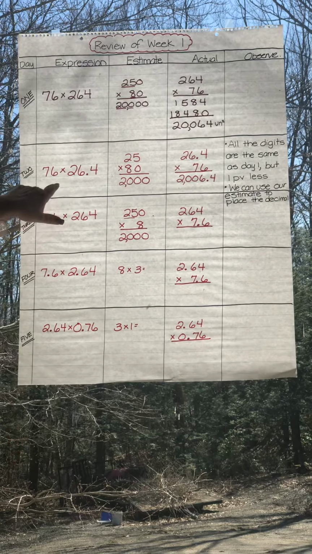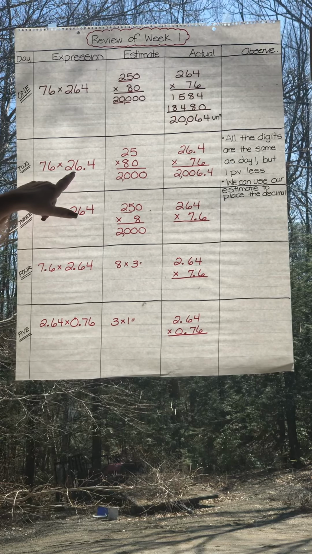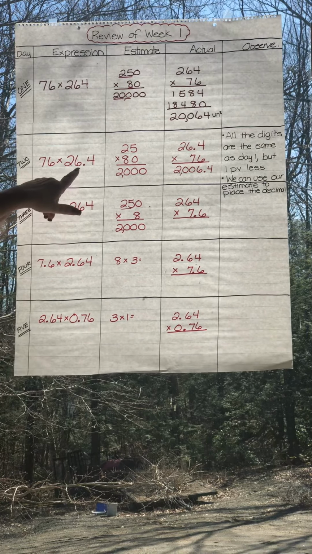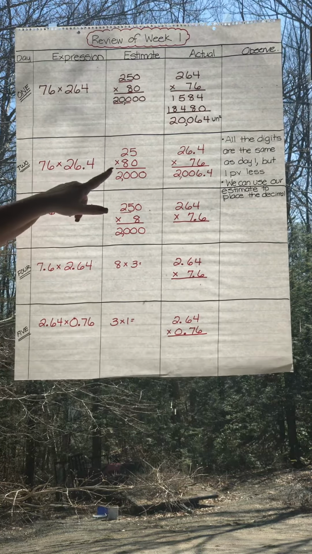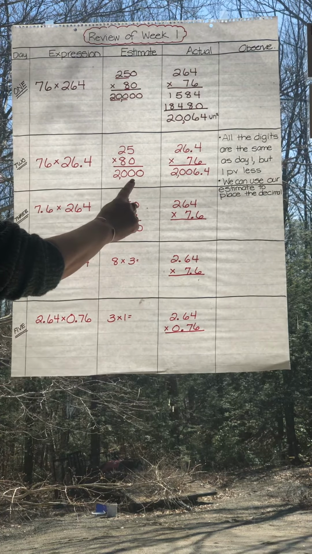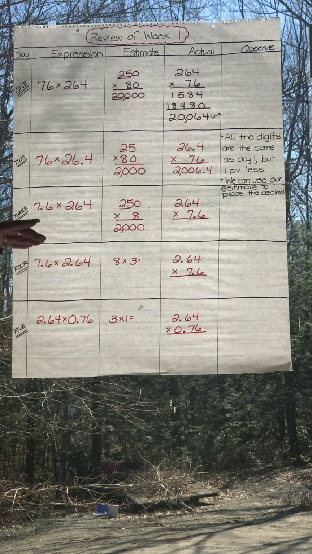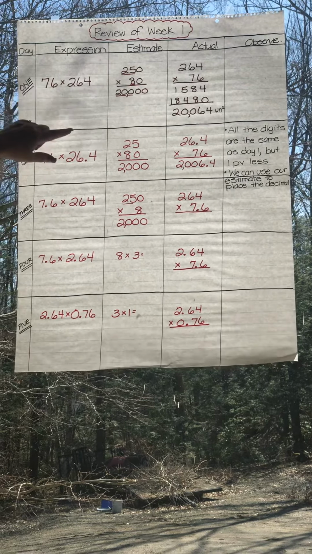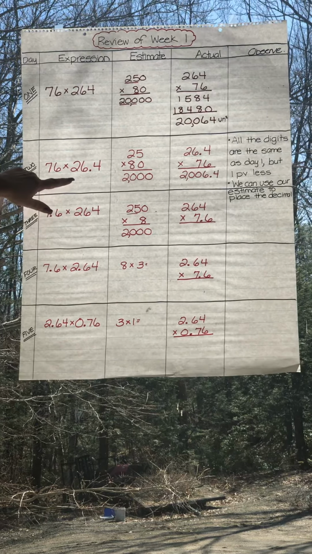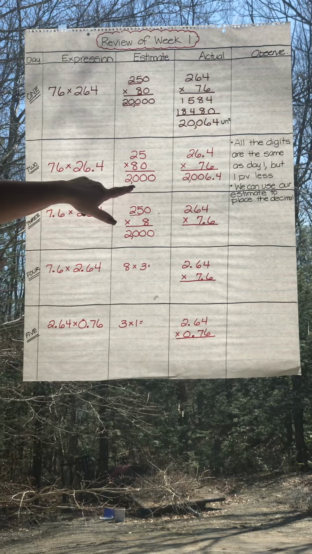So we said, let's use our same numbers to estimate. Instead of 250, we'll make this 25. We'll keep this at 80. Again, 25 times 8 is 200, but now we only have to add 1 place value. So not only is our expression 1 place value less, but our estimate has also 1 place value less.